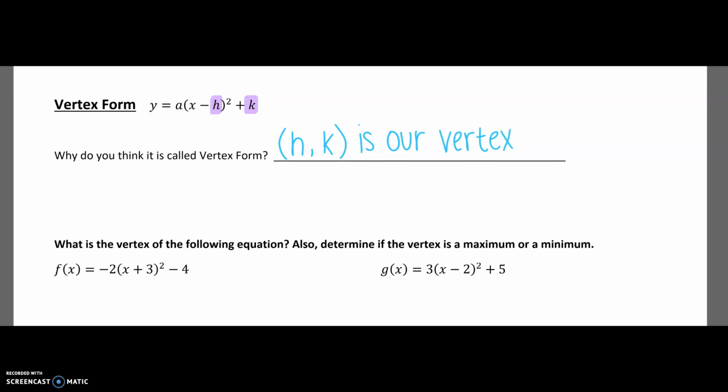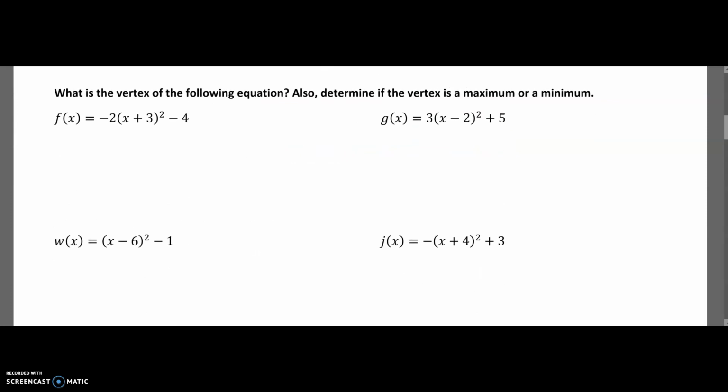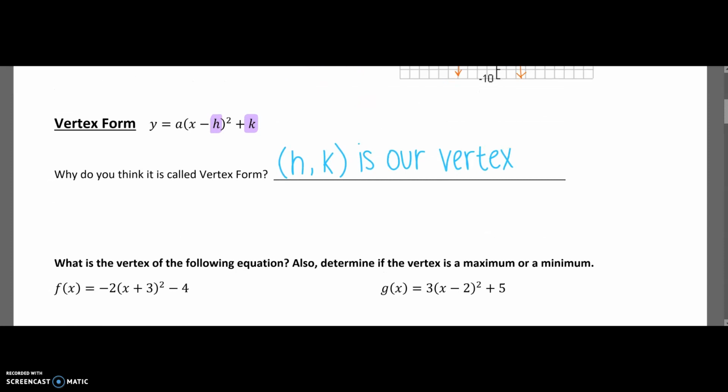So if we go through these next few problems, we can determine what point our vertex will fall at. So notice up here in our vertex form problem, we have x minus h plus k.